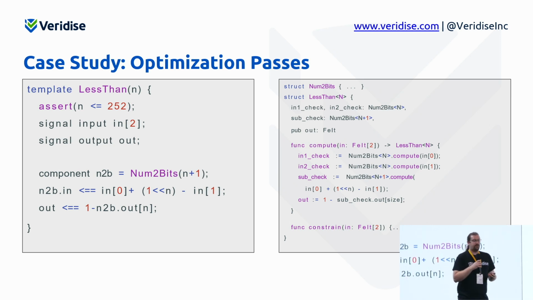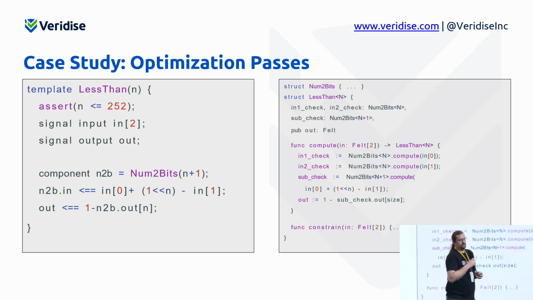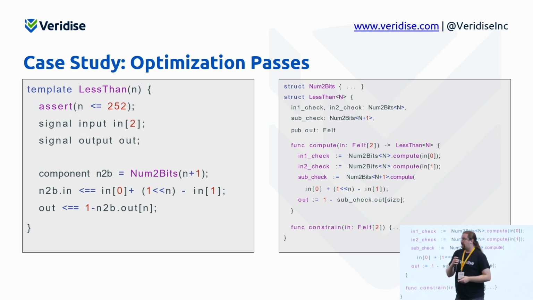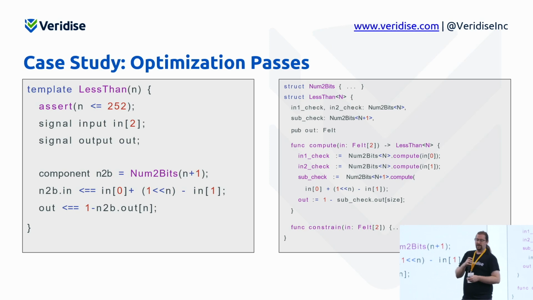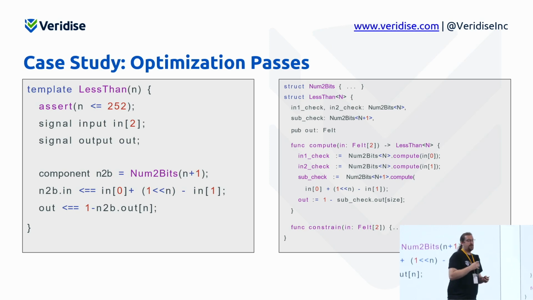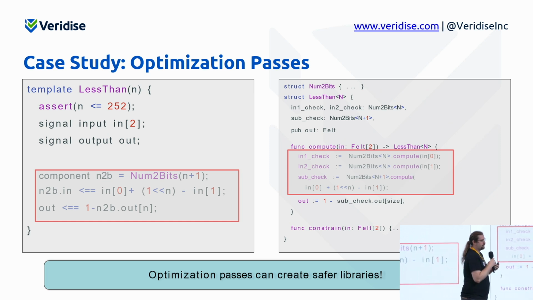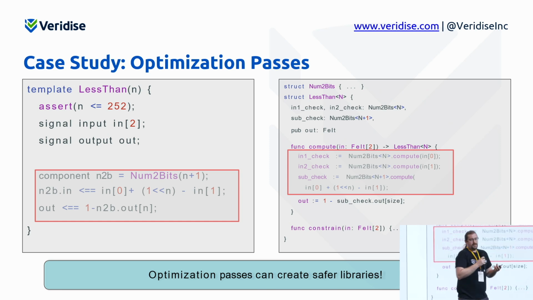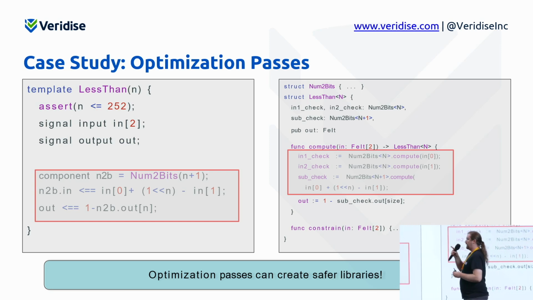One thing we can do is take better advantage of optimization passes. Here I've shown the less than circuit, which some of you might have seen in circomlib. The important thing is that there's a critical part of less than which is missing: less than assumes that the inputs have already been constrained to be within the range of n.